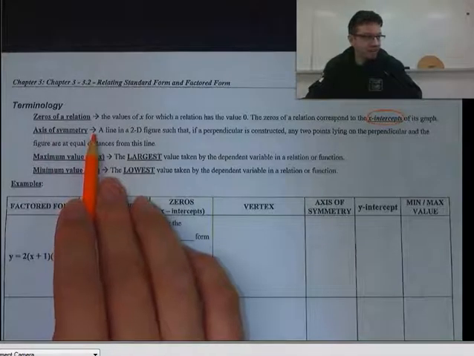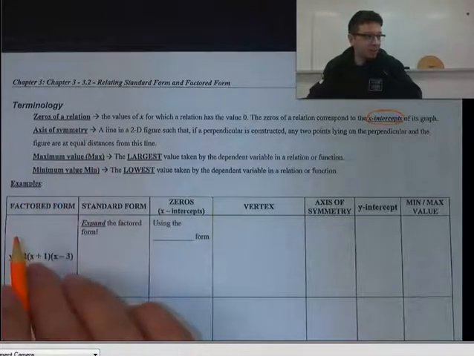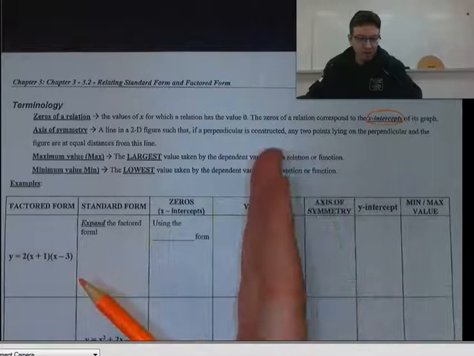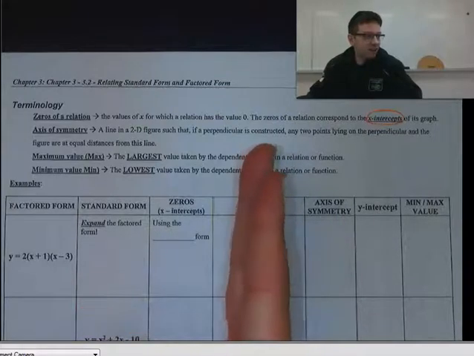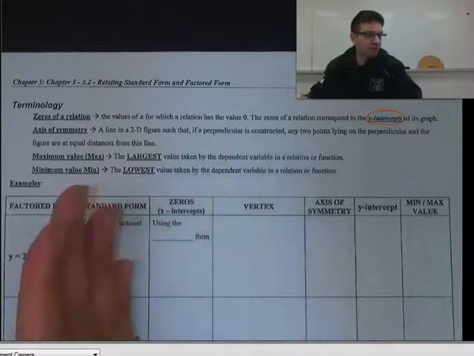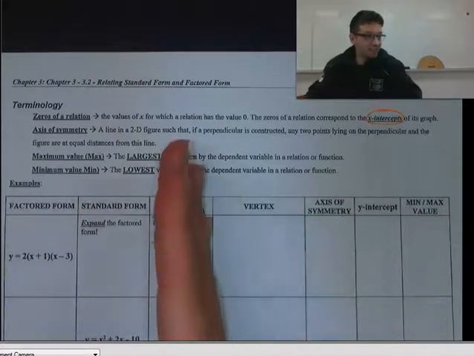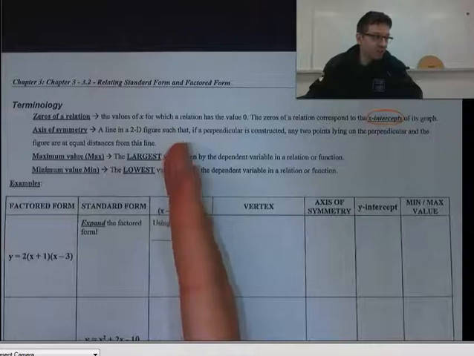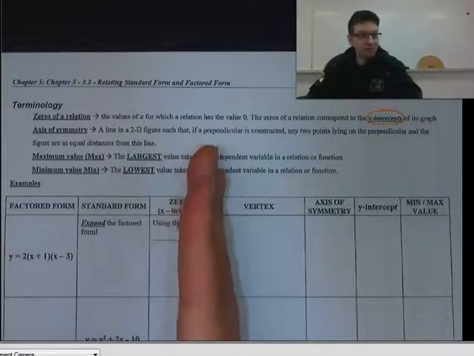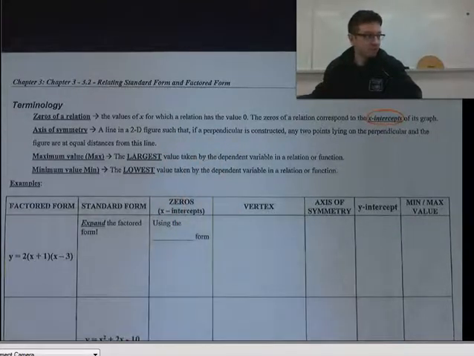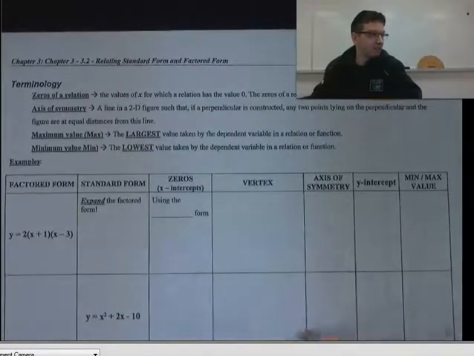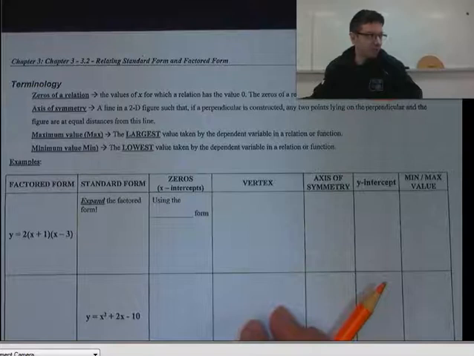That's that line which basically mirror images your graph from one side to the other side. Our axis of symmetry, in this case doing quadratics, will always be a vertical line. It is possible to have your axis of symmetry as a horizontal line, but we won't be doing those.